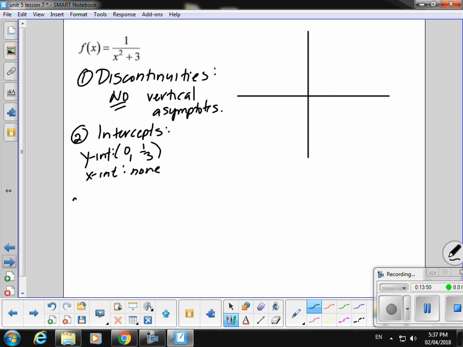All right, number 3 and 4. We tend to make the first derivative test, where we look for critical points and decide if they're local max or min. Let's look at the first derivative.